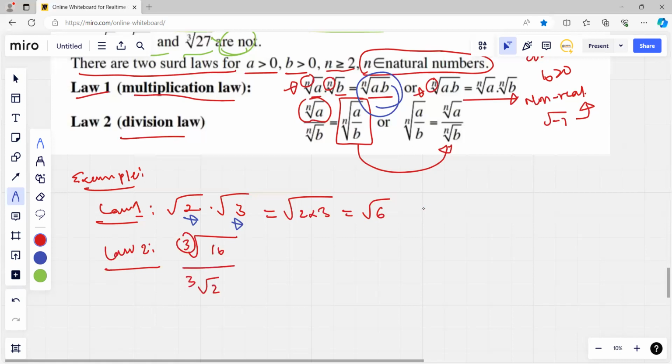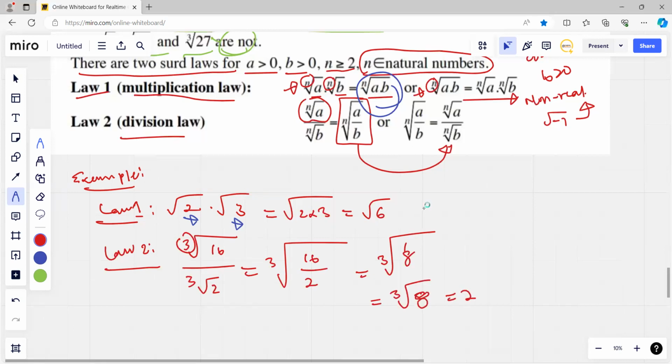This can also be written as cube root of 16 divided by 2, and 16 divided by 2 we get 8. And cubic root of 8 is 2. So that is our answer.